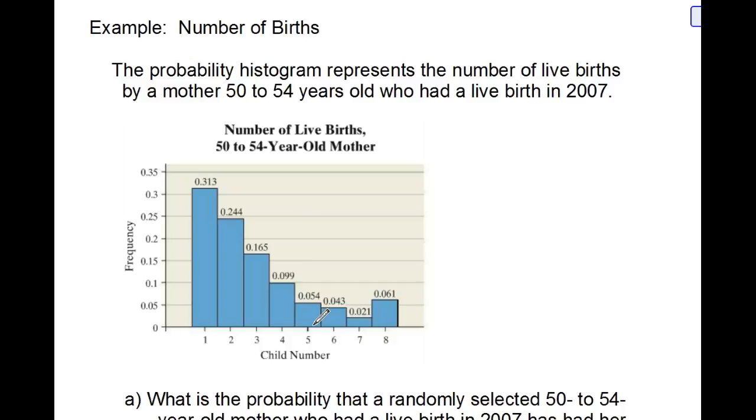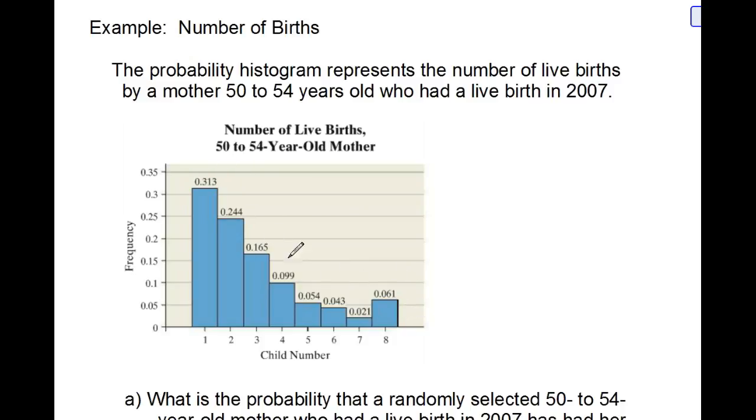If it's their fifth child at this point, it's 0.054. If it's their sixth child, it's 0.043. Their seventh child, it's 0.021. And if it's their eighth child, it's 0.061. So if you notice this histogram, it goes down for the most part, and then on the eighth child, it goes back up.